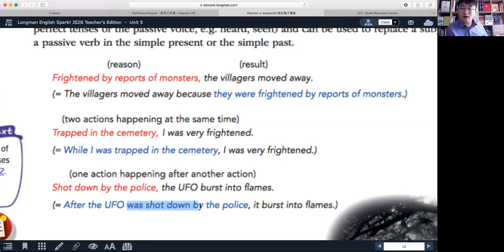Was shot down by, was verb to be, shot, the past participle of shoot. So this is a passive verb as well. So this is why we are using a past participle clause here. Shot down by the police, comma, the UFO burst into flames.